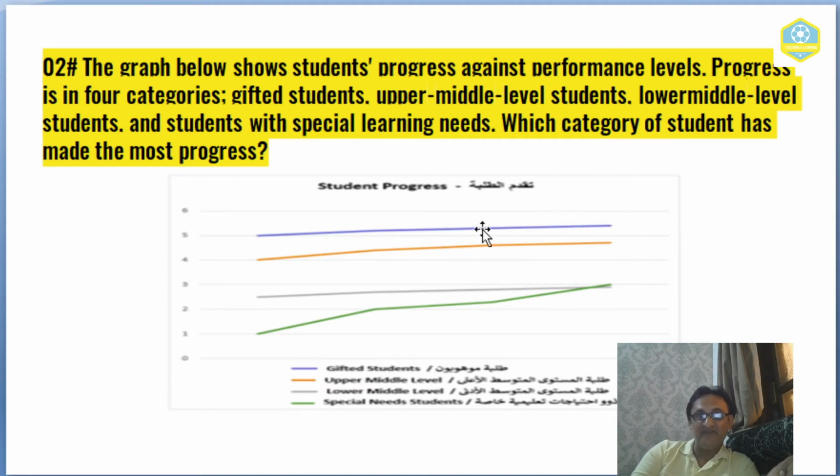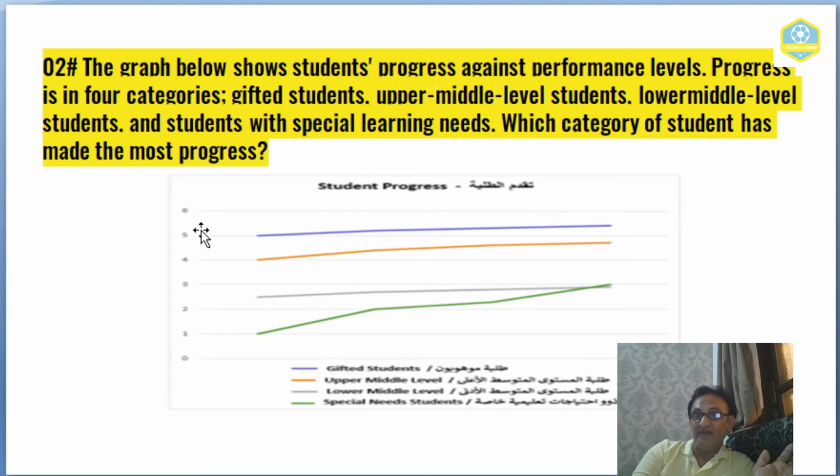Now, if you see here, the blue color shows the gifted students. Suppose 0, 1, 2, 3, 4, 5. This is the progress step. It shows from this line between 5 and 6, so it will be hardly 0.5 or something like that. We cannot say that because this line is up, it has the highest progress. We will be measuring between the lines.